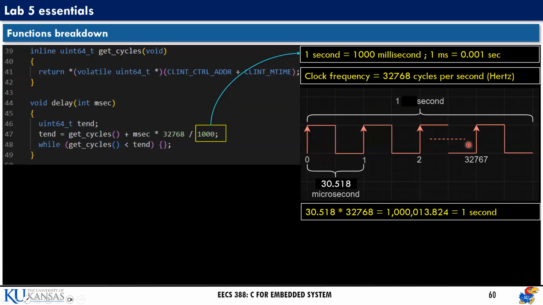Now, to calculate the clock period, it's basically 1 divided by the frequency. So this 30.518 is just 1 divided by 32,768. And if we want to validate our information, each clock period is 30 microsecond, not millisecond, I'm sorry.